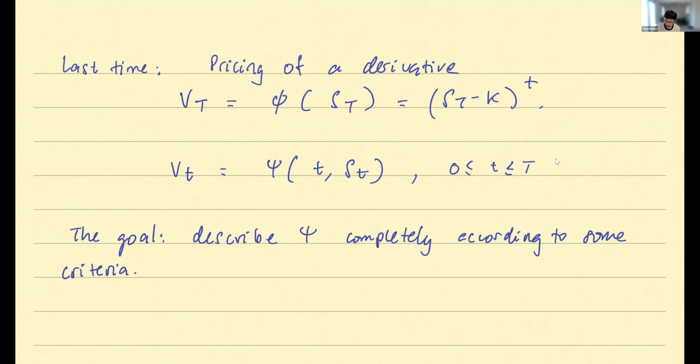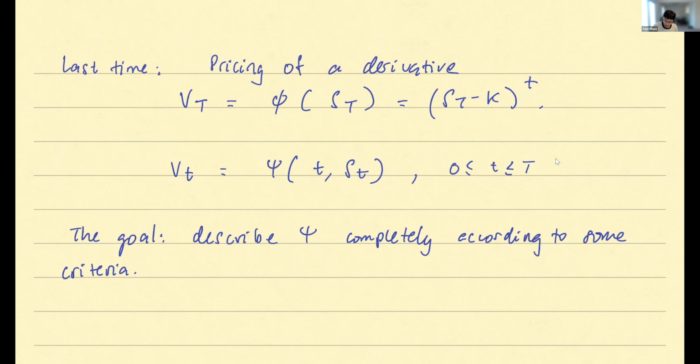But prior to expiration, that dependence is not obvious. It's not clear to us what that dependence is. And our task in pricing is exactly to spell it out.